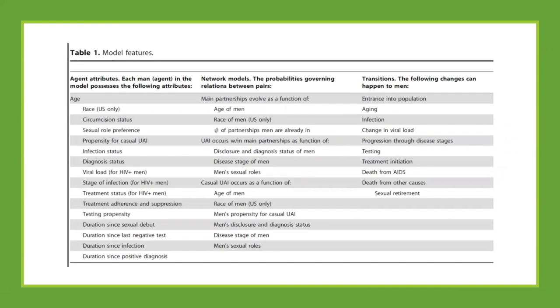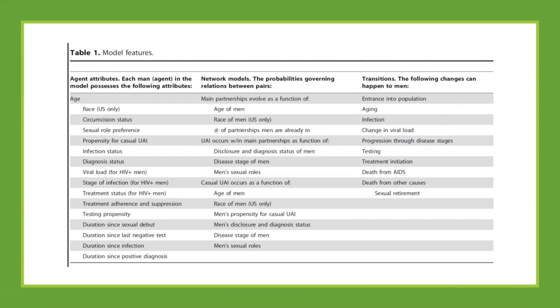So this is a listing of all of the things that we kept track of in terms of this model. So we have something like 16 attributes on each of them in our model. These are all probabilities governing disclosure and diagnosis and how long partnerships last and when does unprotected intercourse happen.